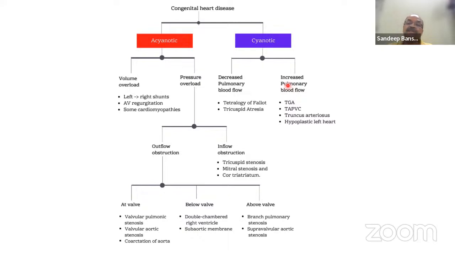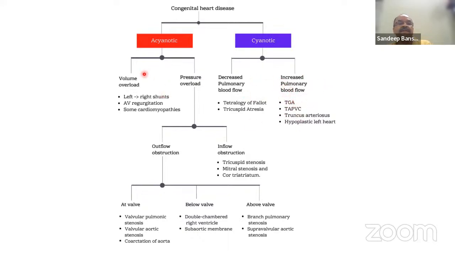So the cyanosis may actually be very mild, but there is a mixing of blood, and that leads to cyanosis, and there is no obstruction to the pulmonary flow, which leads to increased pulmonary blood flow.